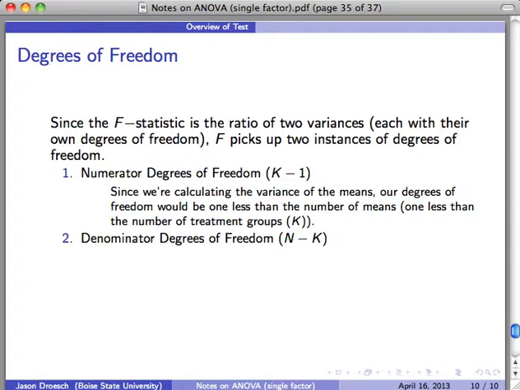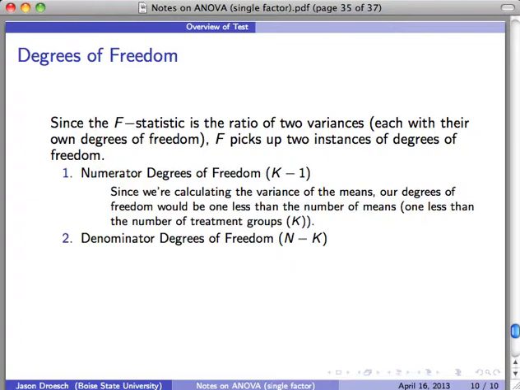Okay, so since we're calculating the variance of the means for the numerator, think about having k distinct groups. So we have k distinct means. When we calculate variance, and think back to the formulas, sums of squares and things like that, we divide by the degrees of freedom. In that case, we always take the sample size and throw out 1, because the variance can be found with 1 less than the number of observations.